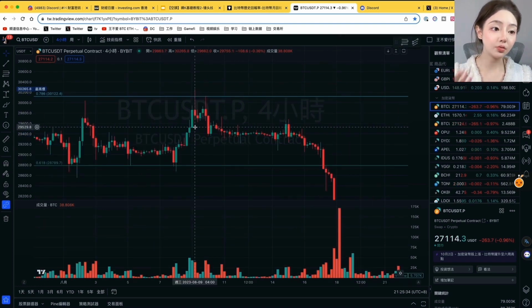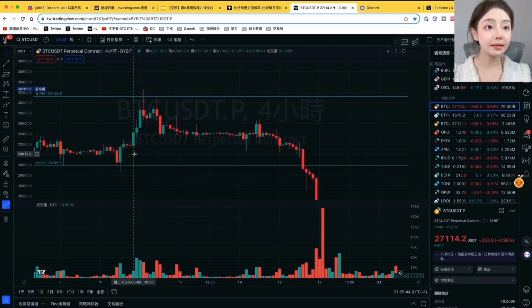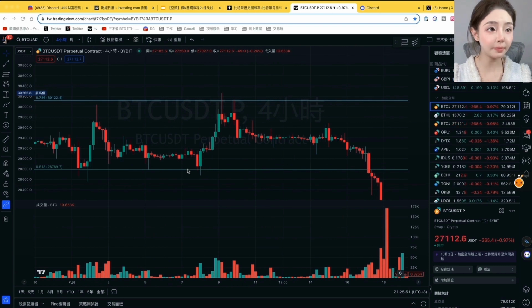Let's take another group of examples. In the early morning hours of August 9th, 2023, there were also 2 appearances of the shooting star. Let's zoom in and examine. We can see that it is typical and appears at the end of a rising market trend. It's also an inverted hammer, with a longer upper shadow, shorter body, and shorter lower shadow, making it a powerful tool in trading.